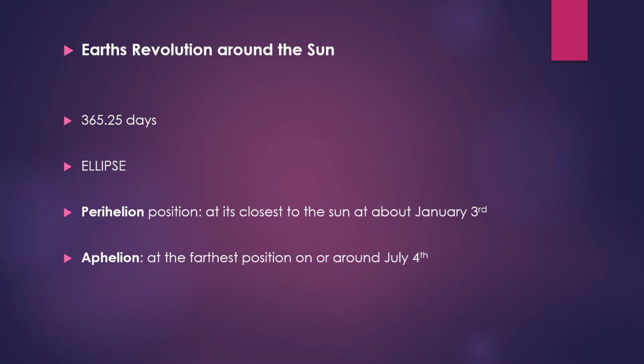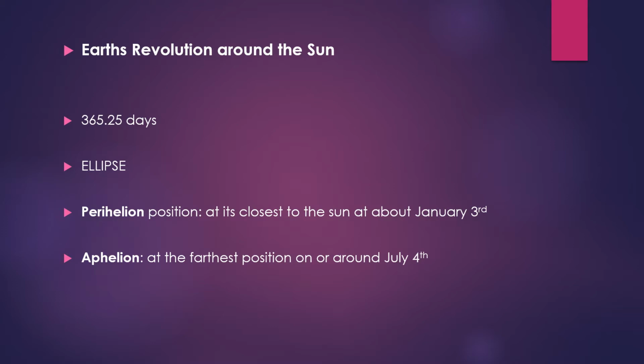Now, Earth's revolution takes about 365.25 days. It revolves around the sun in an elliptical fashion, so it's not really like a circle around the sun. It's more like this. And that path will change, and we'll talk about that when we look at climate change.